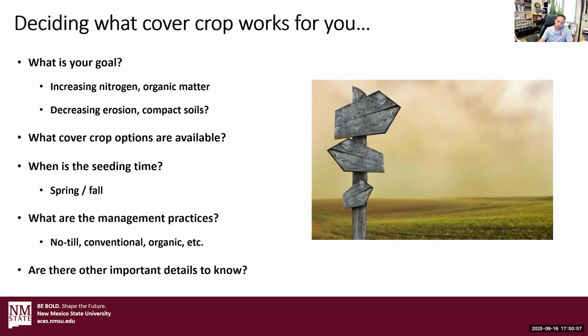Do you have different waterings? There's a lot of things that go into deciding the correct type of cover crop. You don't just grab something and plant it out there, because maybe it's not the right fit for your production system, or the right fit for your growing area, or even the correct time to seed.